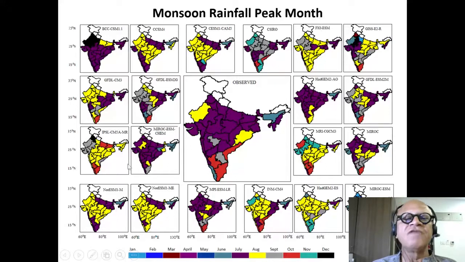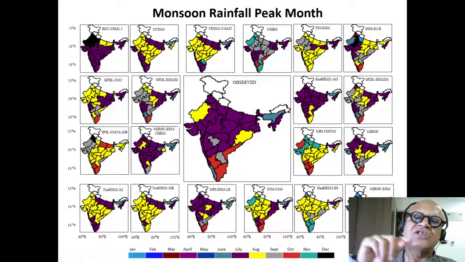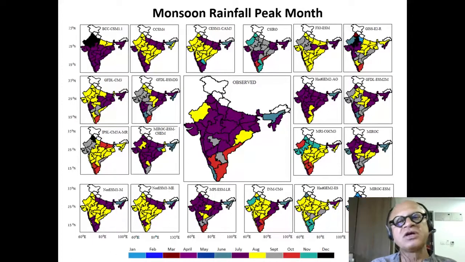So if you look at the Indian monsoon rainfall, if you look at the average over the whole country, then most models will do a reasonable cycle where the monsoon starts in about June, first week of June, it peaks in July, August, dies off in September. But if you look at the spatial distribution, then they don't do so well.